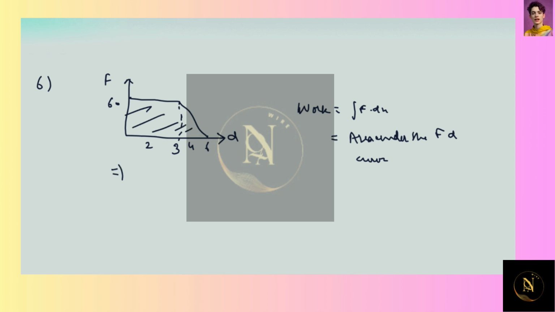First we have this area, which is a rectangle, so 60 times 3, plus this is a triangle having base 2 and height 60, so half times base times height.